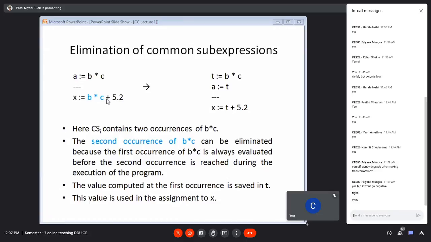Instead, what our optimization transformation will do is store the value of B into C in a temporary called T, where it first occurs. It is going to be a compiler generated temporary.